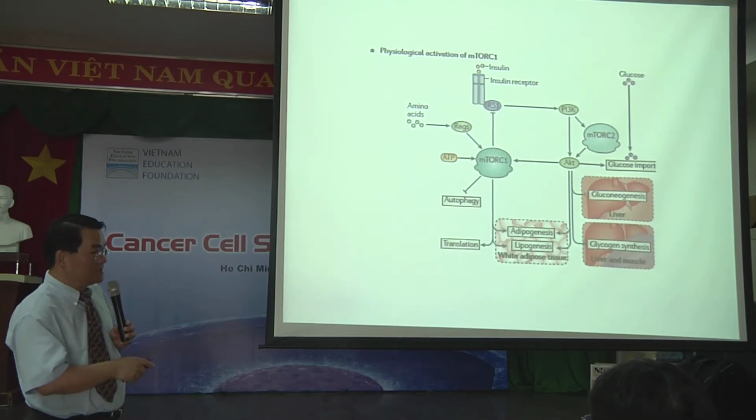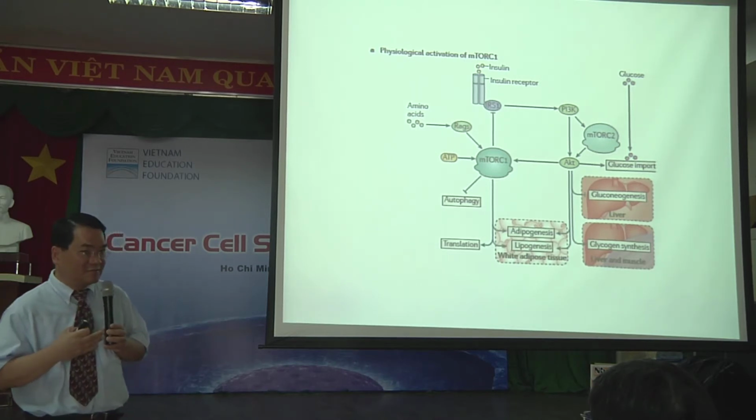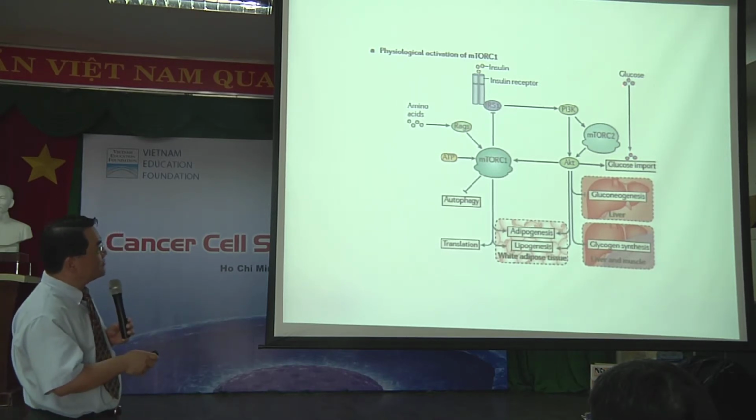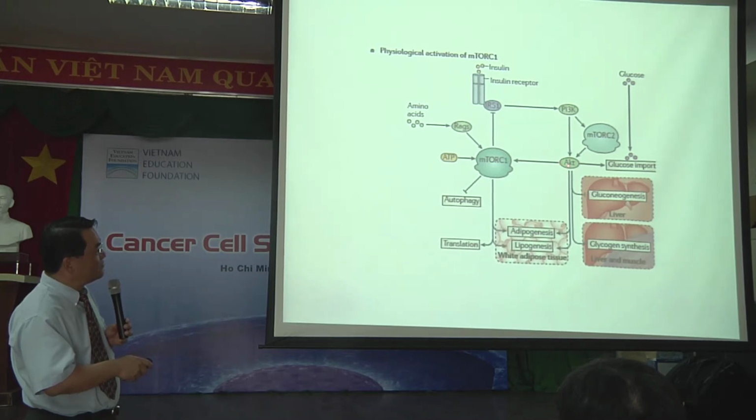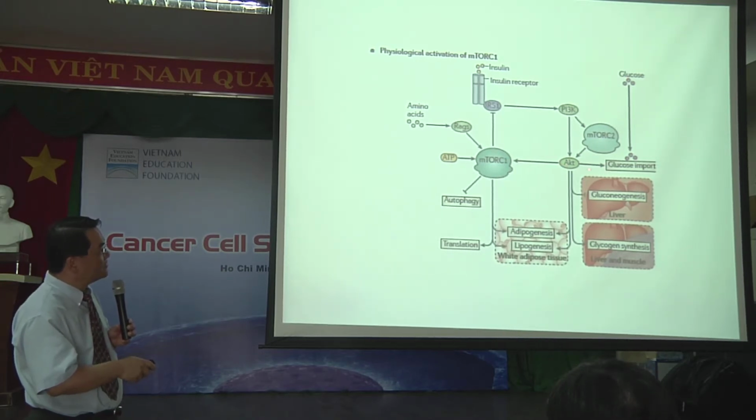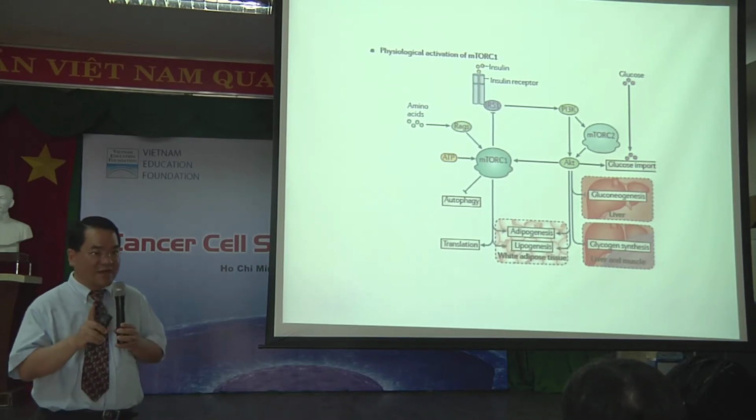Okay? mTORC1 in a normal situation, we still need it. You eat more glucose, there is a lot of glucose uptake. The glucose uptake will help the insulin to secrete. The insulin will let the AKT activate. AKT activation will increase more glucose uptake. AKT will stop the gluconeogenesis because you already have the glucose in the bloodstream. You don't need to make more glucose. AKT will promote glycogen synthesis. This is under normal situation.